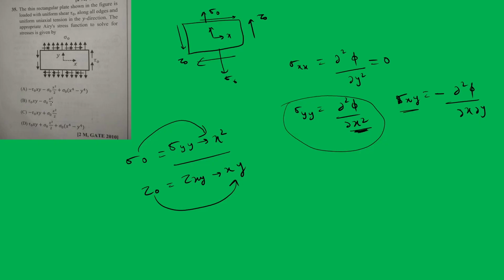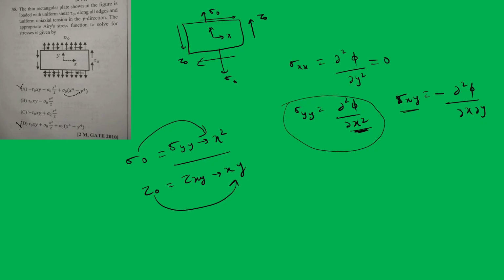So you can see minus sigma naught x square, plus sigma naught x to the power 4 minus y to the power 4. Actually it is also the function of y, so it should not be there. Then this will again get cancelled as well. Sigma naught should be the function of x square, and it should be positive.